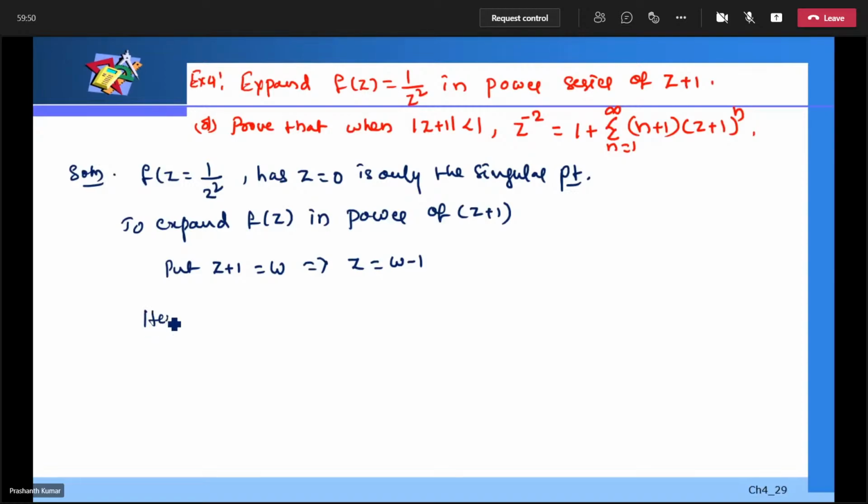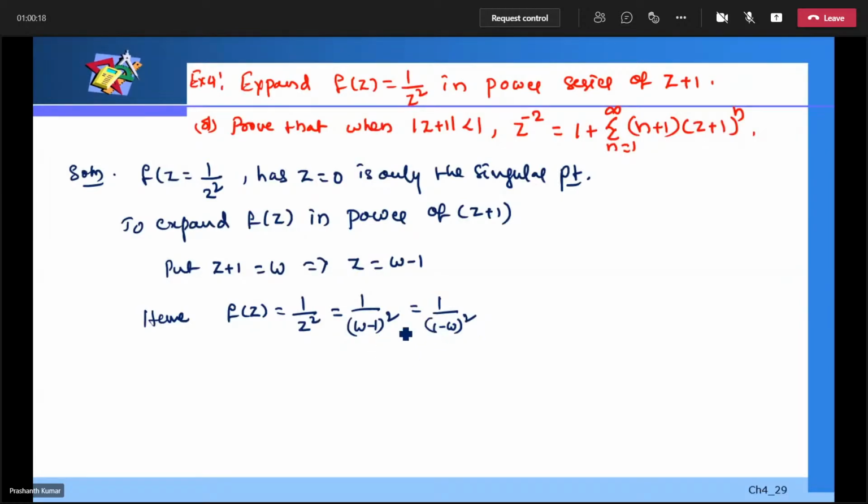Hence, I will write f of z is equal to 1 by z square is equal to 1 by w minus 1 whole square. So can I write like this one, 1 by w minus 1 whole square or 1 minus w whole square.